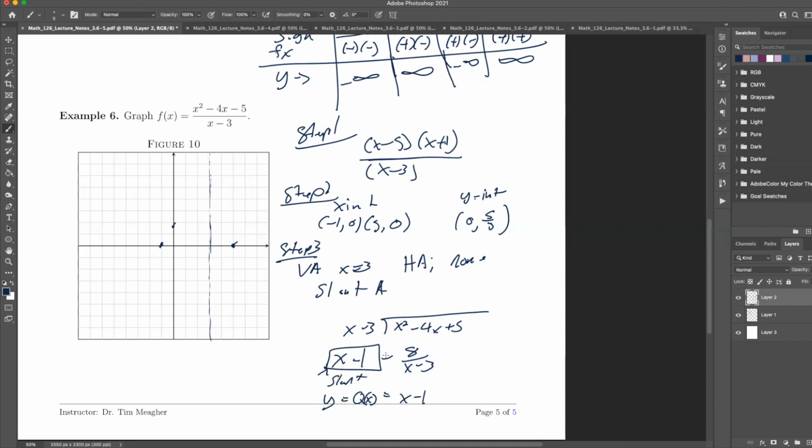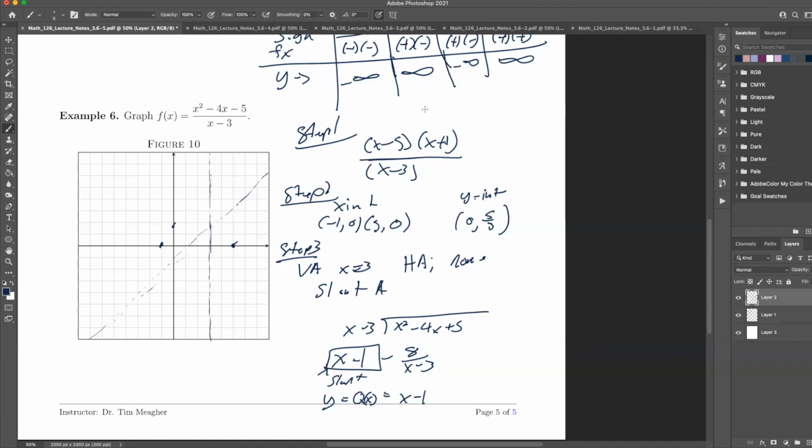So y equals x minus 1. Here, I'm going to just draw it in like this, just a real light line. And so we have this weird asymptotic line that looks like this.